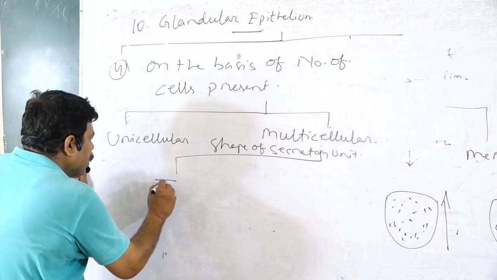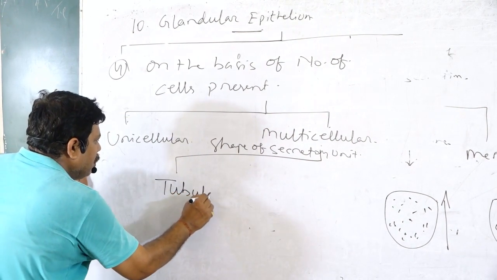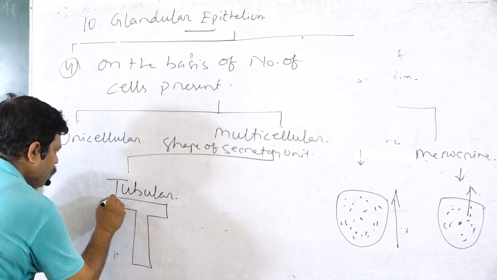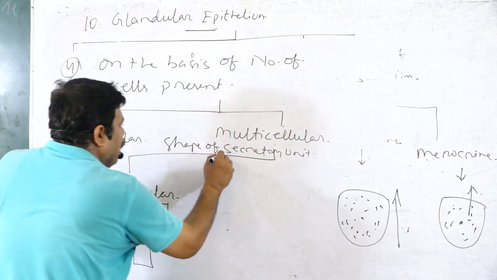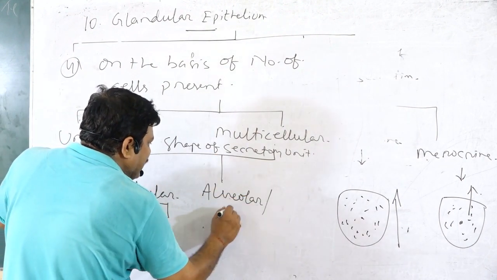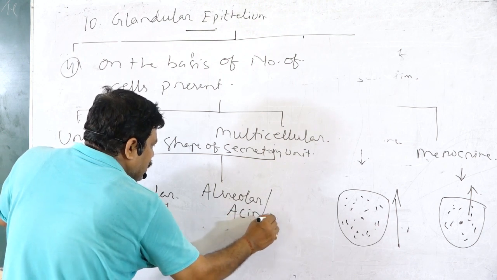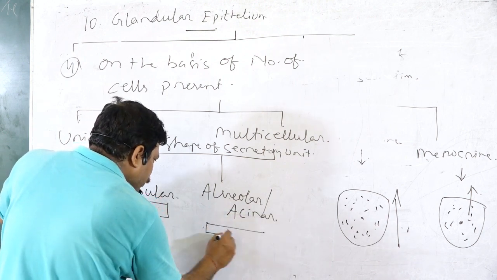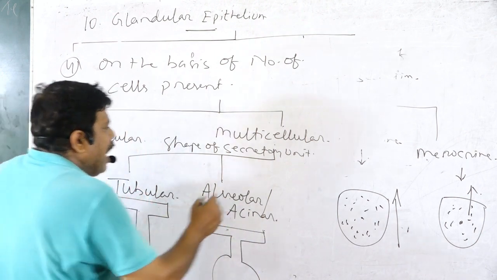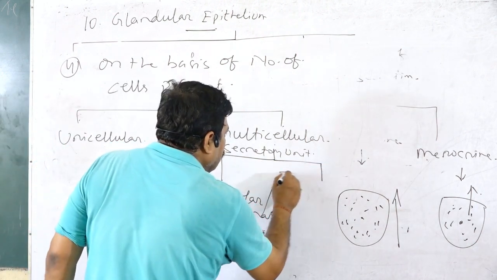may be tubular, just like a tube, tubular, alveolar or acinar, just like a flask, and tubulo-alveolar.